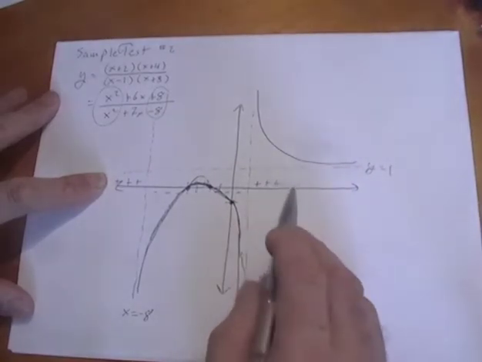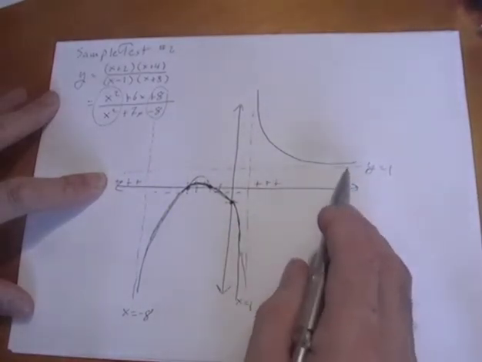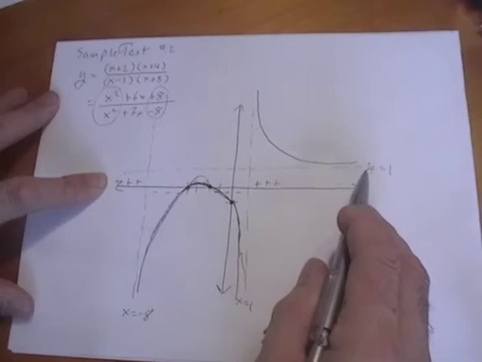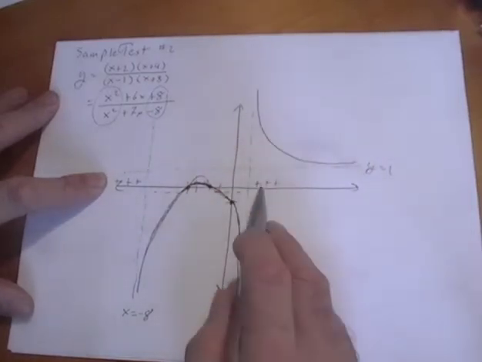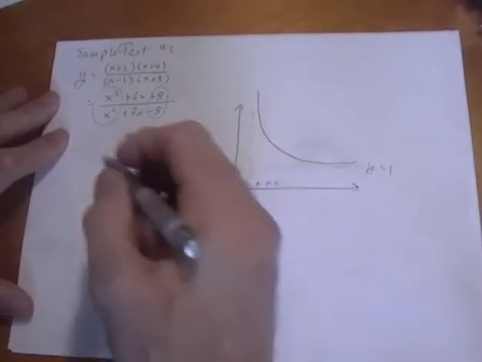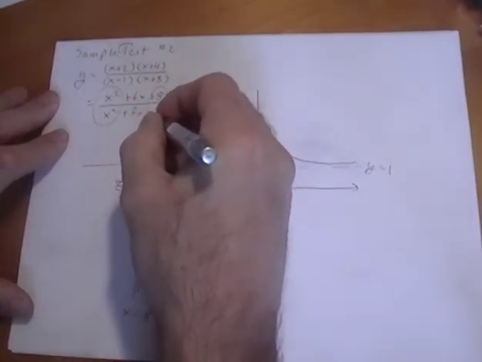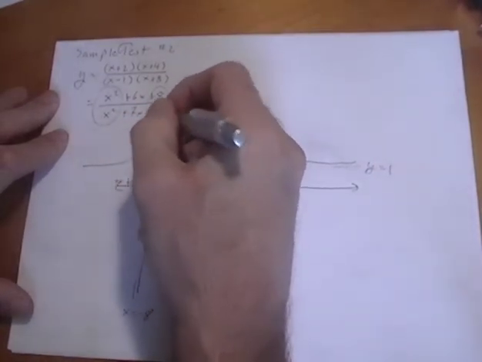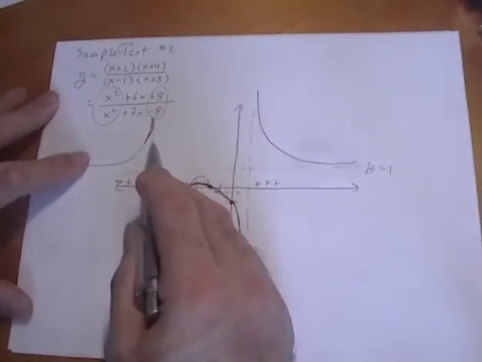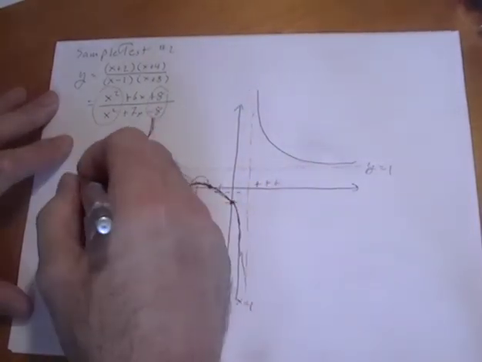It's positive on this side, it flattens to the horizontal, and it goes up towards positive infinity. Likewise on the other side, it should look like this, coming up to, but not quite touching, the vertical asymptote.